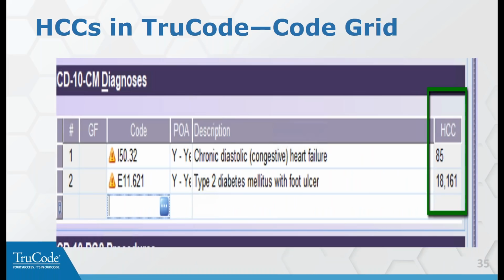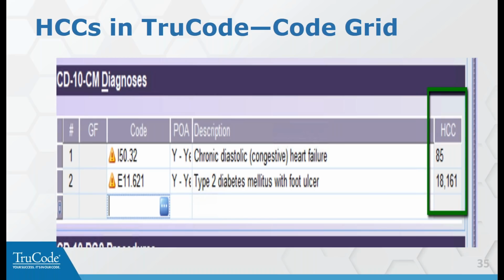When you get out to the code grid, the main screen where you're coding all your diagnoses, you can see that they've added that column to the right. And you can notice that second diagnosis there, type 2 diabetes with a foot ulcer, actually maps to 2 different HCCs. And again, which one they're going to choose in applying the score is going to have a lot to do with that disease interaction stuff that I talked about, and the hierarchy, which one has a higher weight than the other, etc.